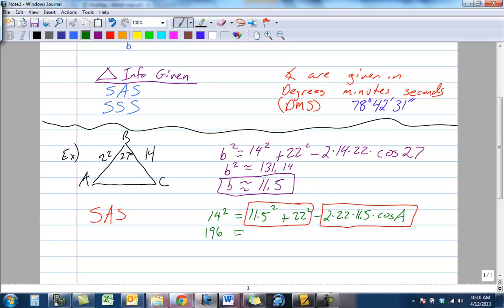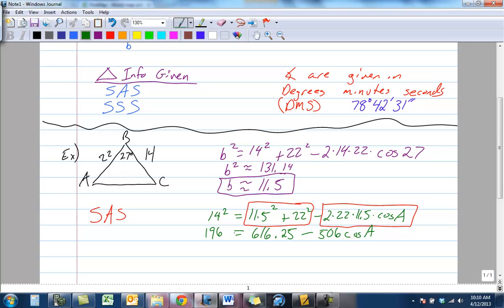You should get 616.25-ish. All right? Minus, put 2 times 22 times 11.5 in your calculator, and you should get 506-ish. 506 times the cosine of A. So we have to break this up into 3 pieces, right? There's the 14 squared and then these two things, because multiplying messes us up.